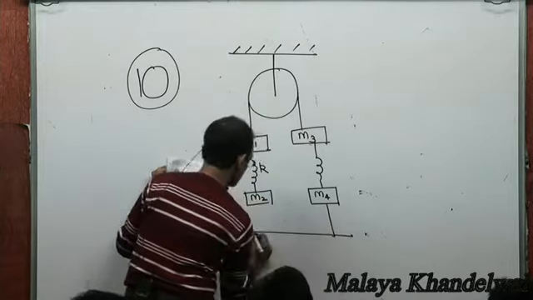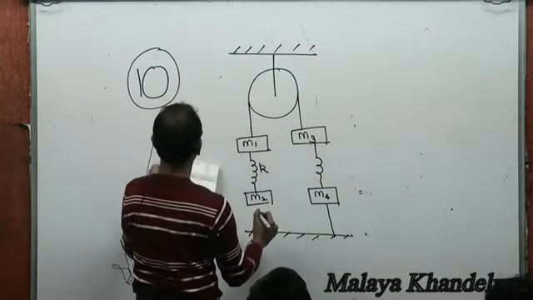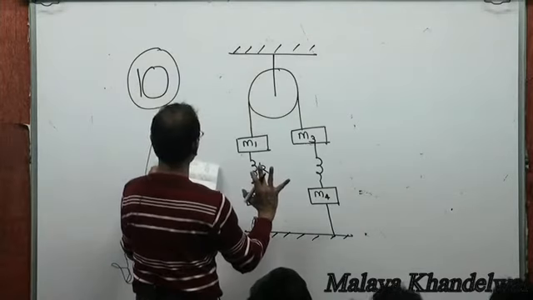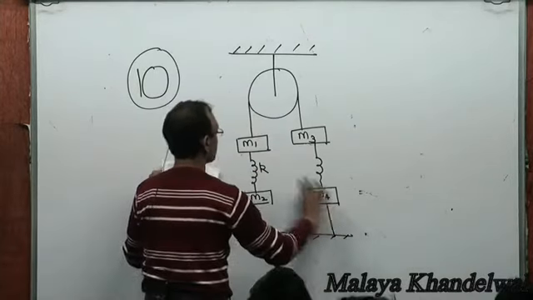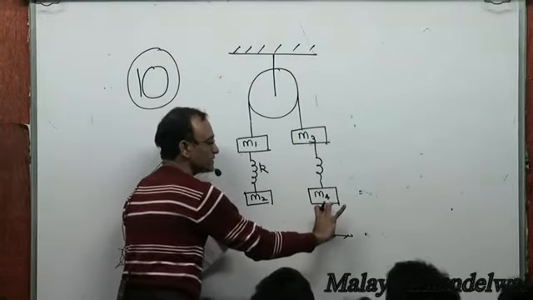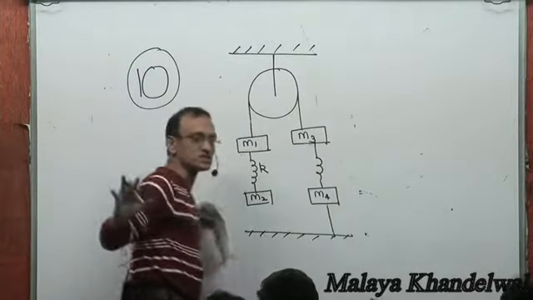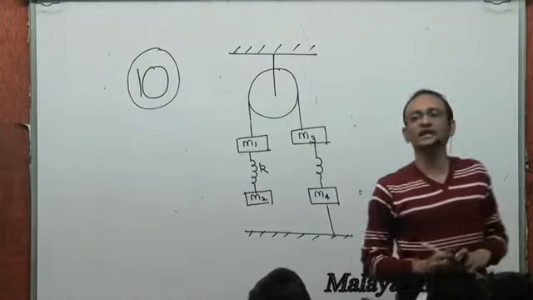There is a string, this is the ground, and the system is in equilibrium. This is the lower thread, these are two springs, this is a thread, and these are the masses, and there is a string which holds m4 to the ground, so that the whole thing is in equilibrium.